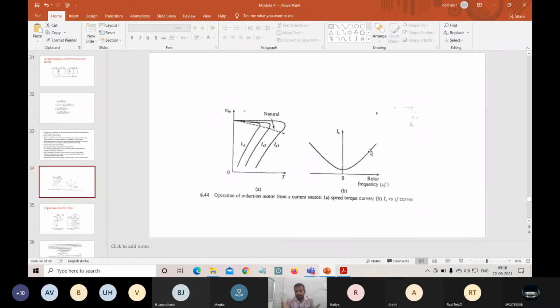If you consider the operation at constant flux, then the operating points located on one part of the speed torque curve will be given by using this module.